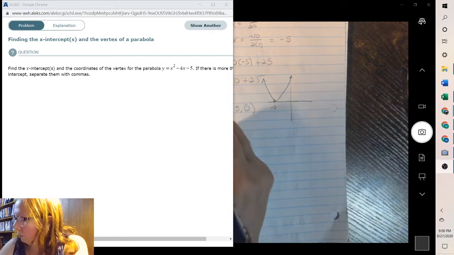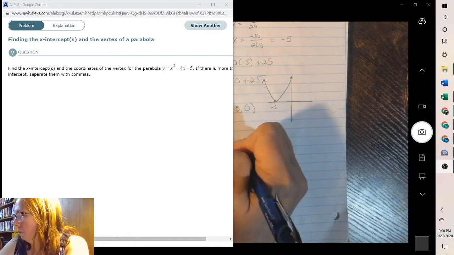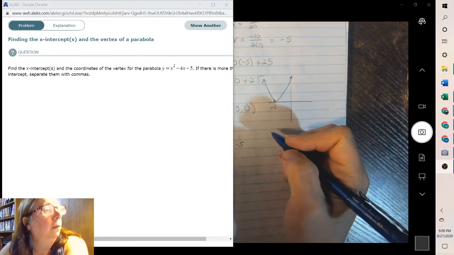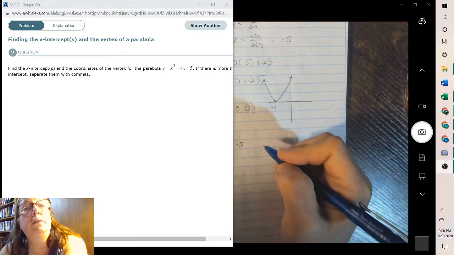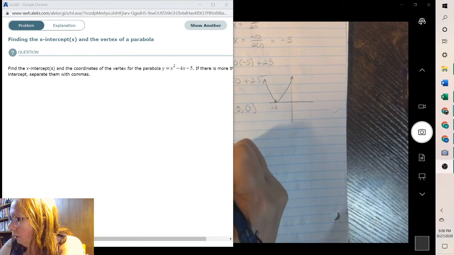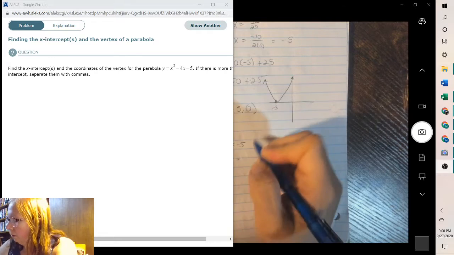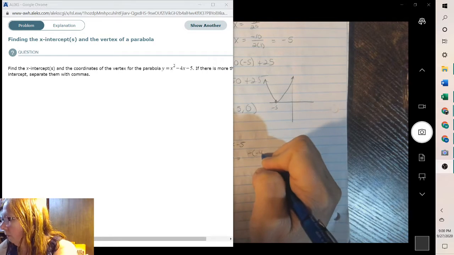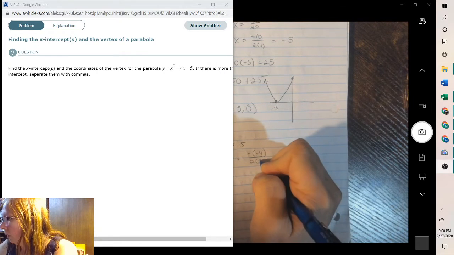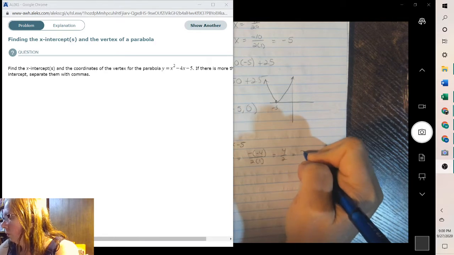So y equals x squared minus 4x plus 5. Now when we go to find the vertex first, x equals negative b over 2a. Negative times a negative 4 over 2 times 1 is 4 over 2, which is 2.